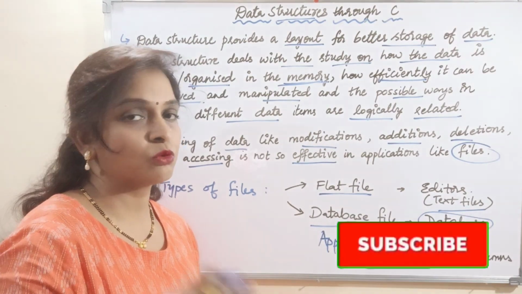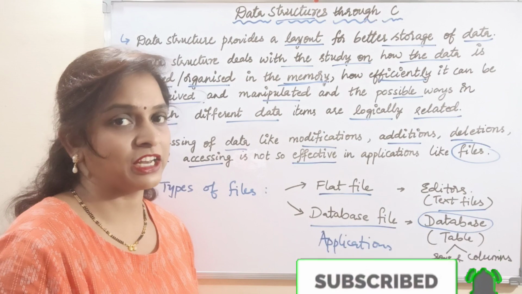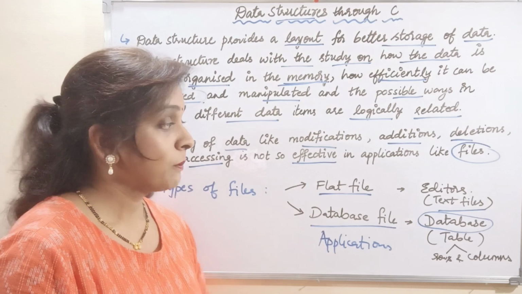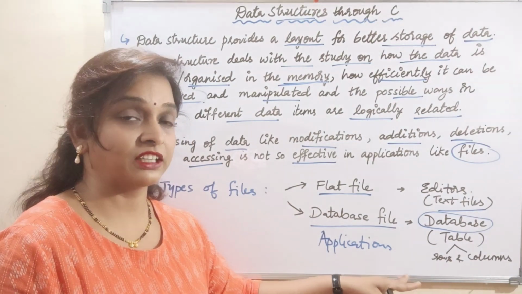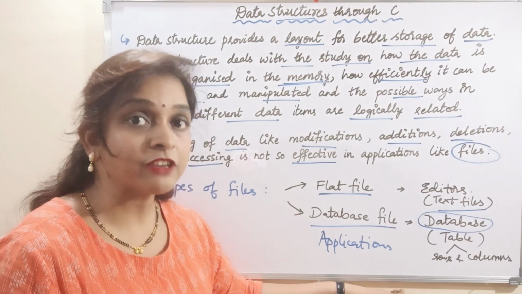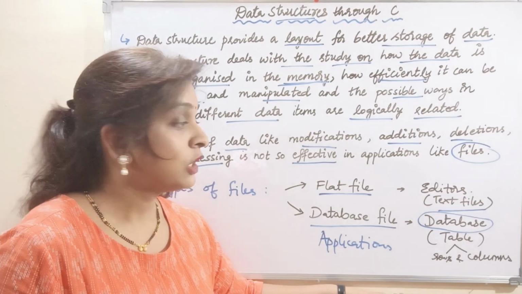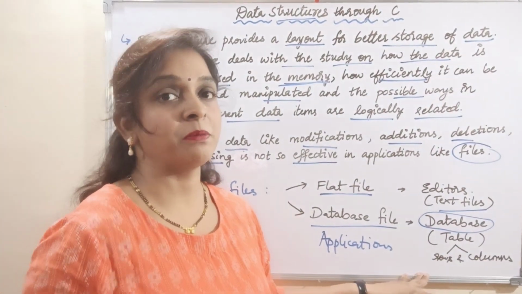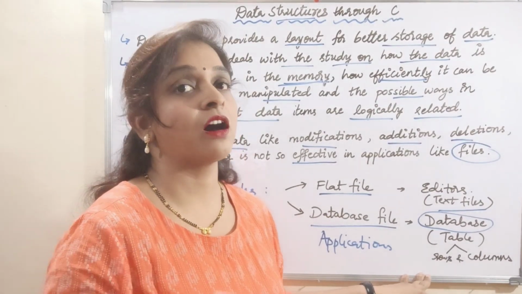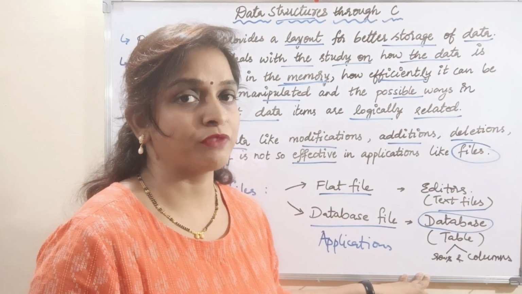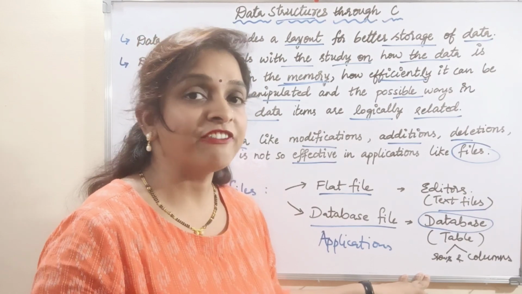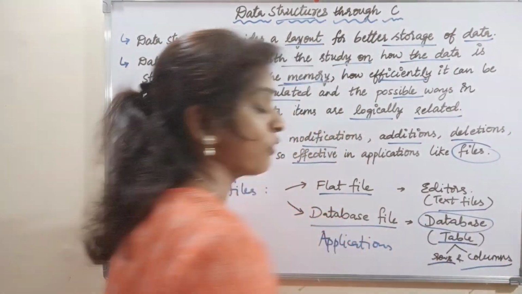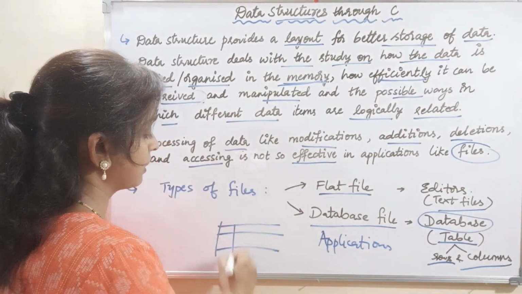Of course, you have Ctrl+F to find a particular line or word and do the editing work, but it's quite difficult to handle with the number of pages in the document. But with a database file, created with database applications, it will be easy for the user to handle it, because all the operations, whether adding, deleting, modifying, or any other processing, are done very easily because the data is represented in the form of tables, that is, in the form of rows and columns.